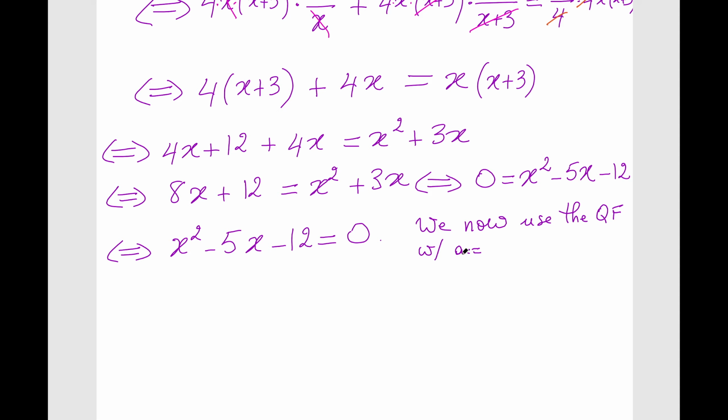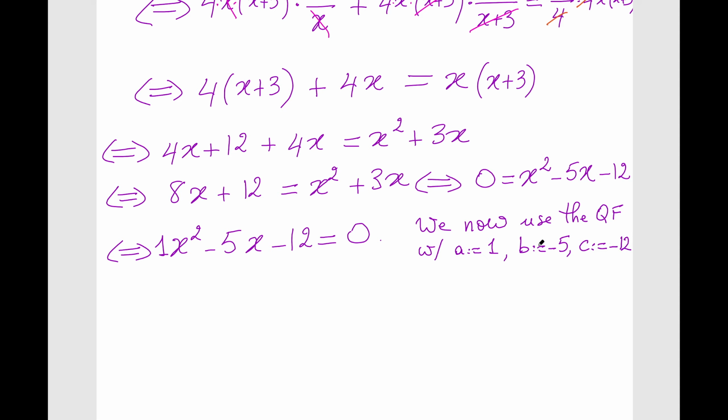Remember, a in the quadratic formula is the coefficient of x squared. What's the coefficient of x squared? Isn't it 1? And b is the coefficient of x with a plus sign in front. So this is going to be -5, right? And c is the constant part, which is -12. Correct?